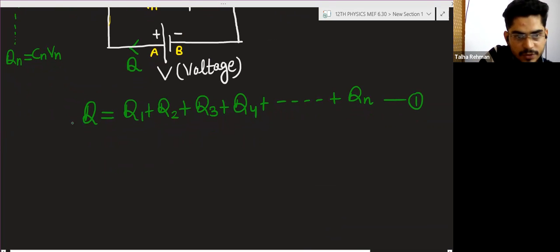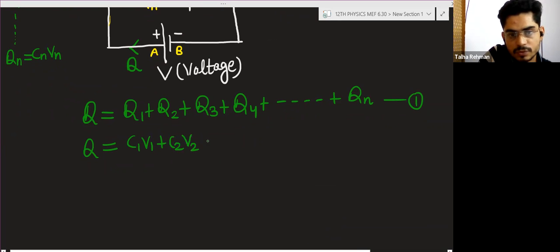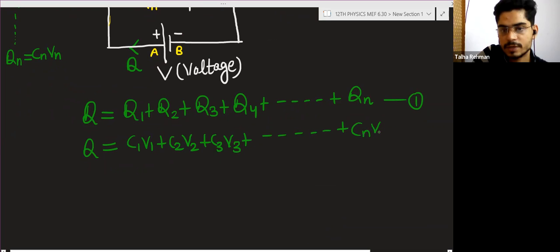So for this I can write Q is equal to C1 V1 plus C2 V2 plus C3 V3 plus Cn Vn.